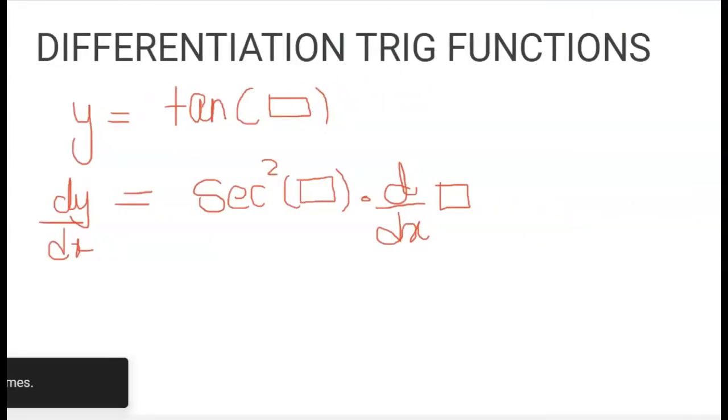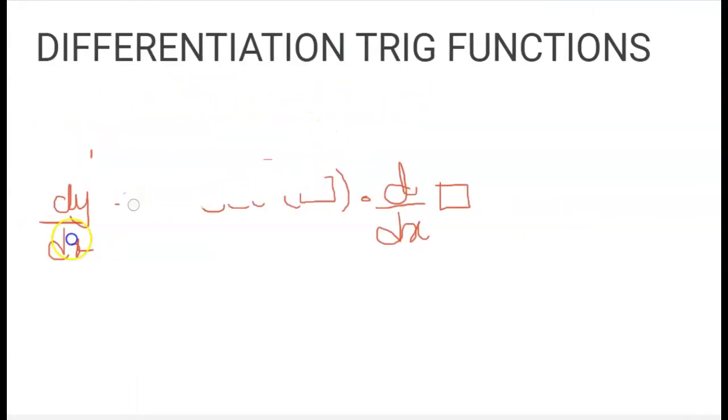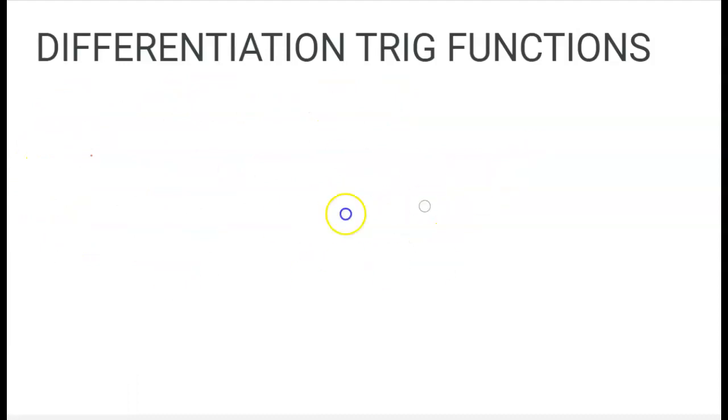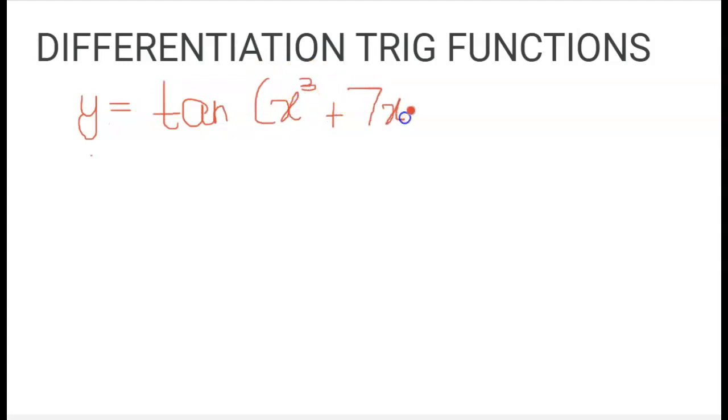In the calculator, I don't think you will be able to find the sec function, but I will explain in a minute how you can get that function without having the function. Okay, let's say I got y equals tan of x cubed plus 7x. The way you're going to do it is, when you differentiate, it's going to be dy over dx, and you know that's going to be sec square of the box.